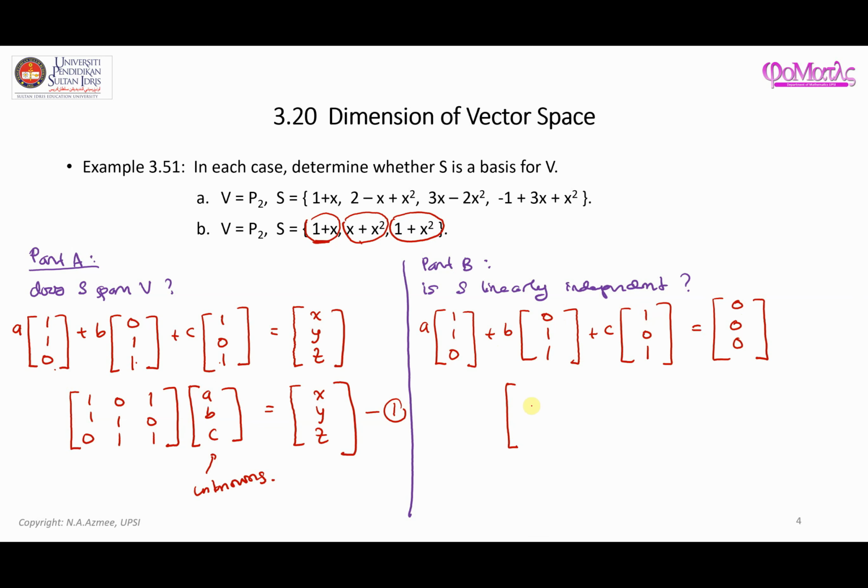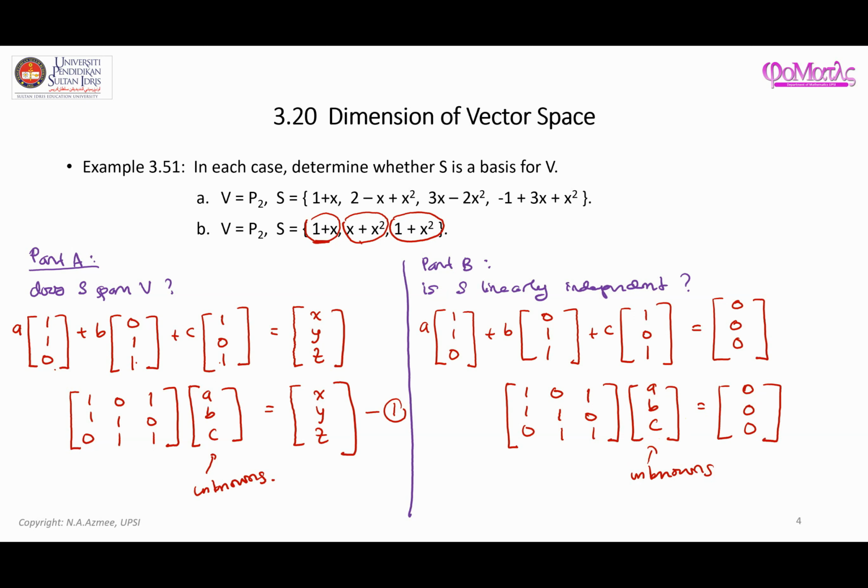And here we go, we have to represent everything in this way. Again, these are the unknowns, and we have to try and show that all the values here are equal to 0 in order to conclude that S is linearly independent.